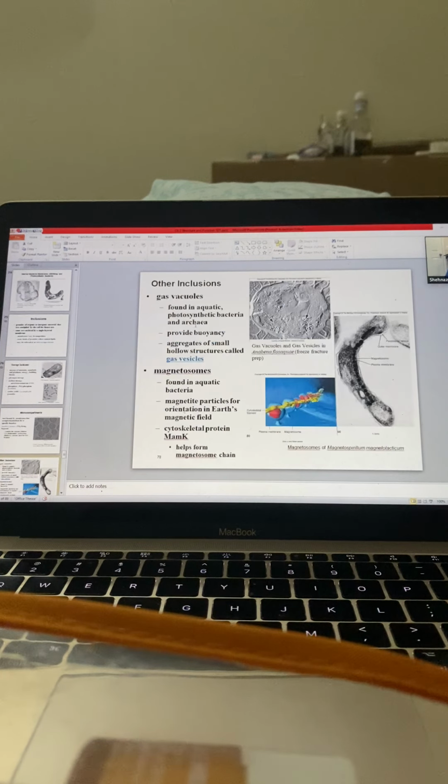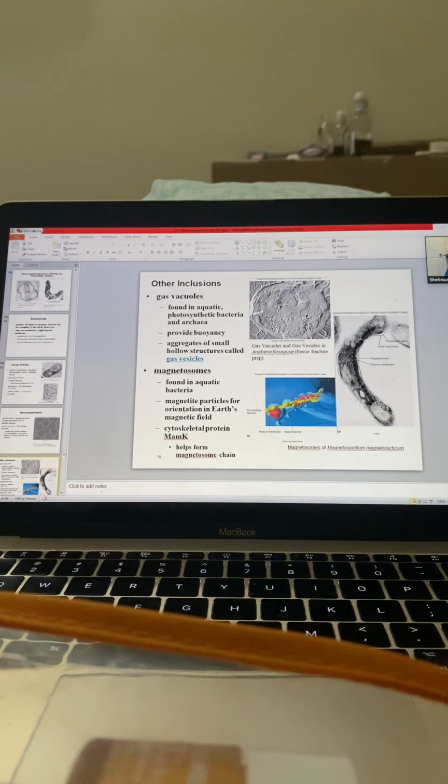Here is the one that other inclusions where in your aquatic bacteria and in your photosynthetic bacteria, in a lot of archaea, you have gas vacuoles. And the gas vacuoles, of course, provide buoyancy to the microbes so they can float up in the water. And they sometimes aggregate together, and instead of calling them gas vacuoles, we call them gas vesicles.